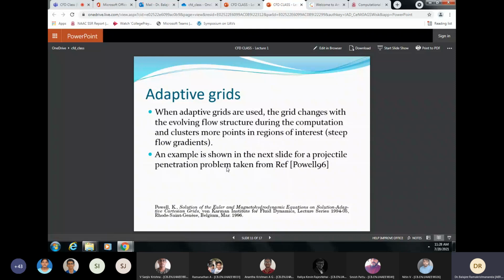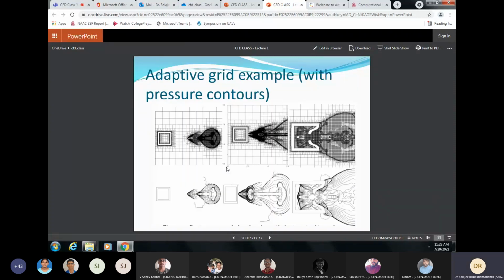So next slide, you'll see an adaptive grid for a projectile penetration problem. So from left to right, you see this is the initial projectile, maybe a bullet. Okay, a bullet is piercing through some box like this. So this is the initial.